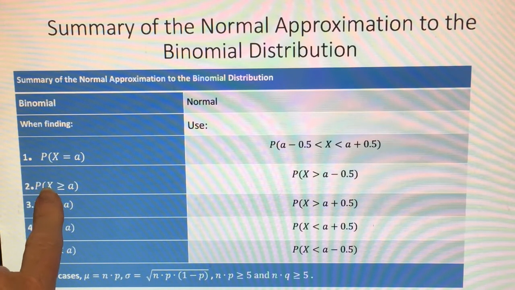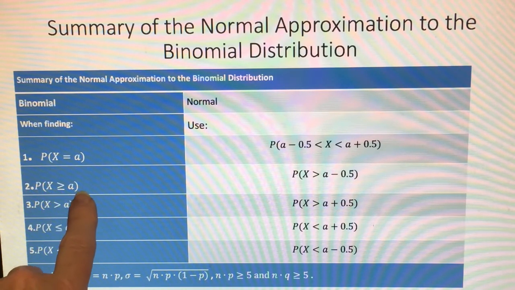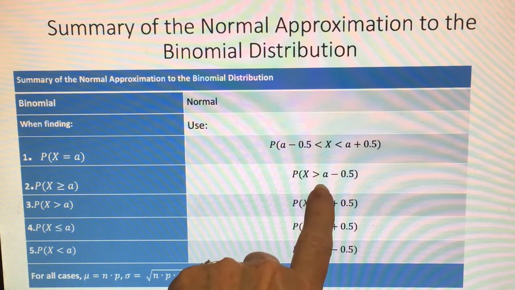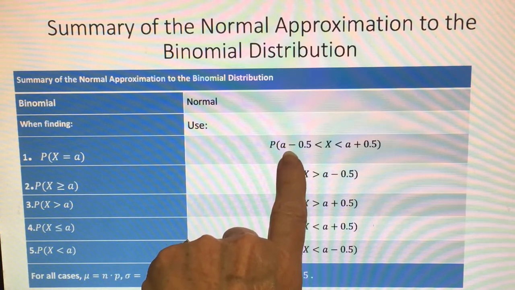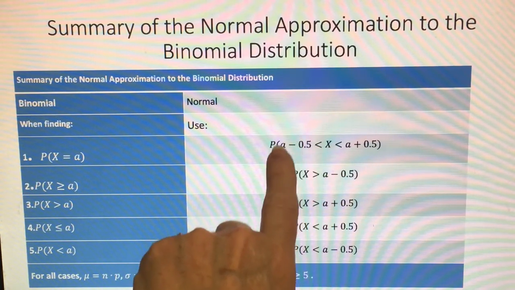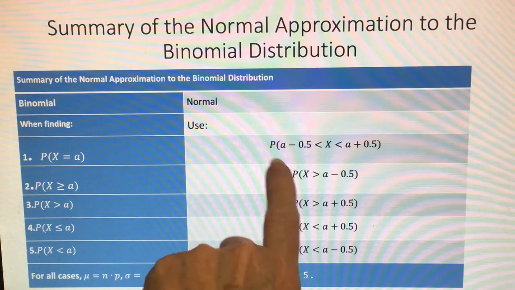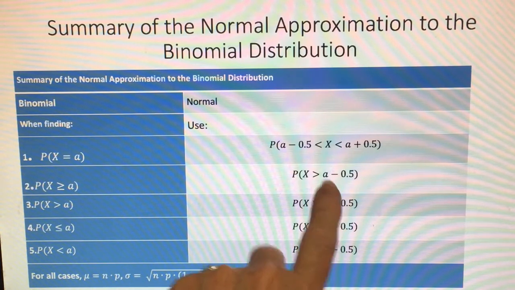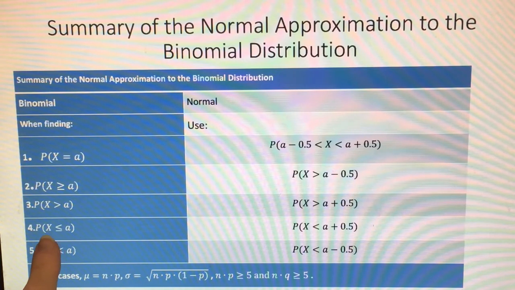If the probability of x is greater than or equal to a, then it's going to be greater than this one right here. But look at this, x is greater than this one right here. So basically, if you flipped this around, it would say this. Now let's skip down here to this one.